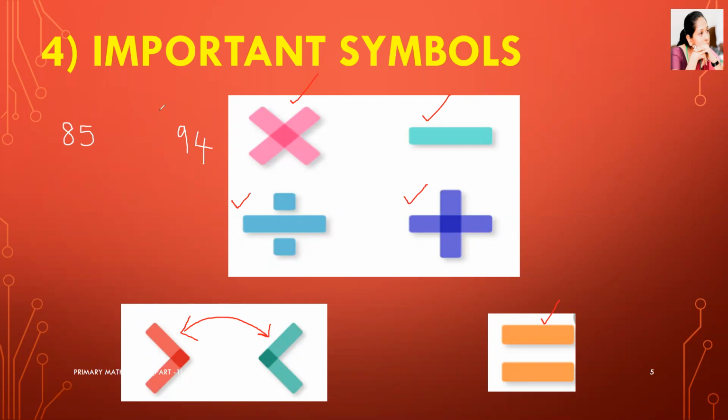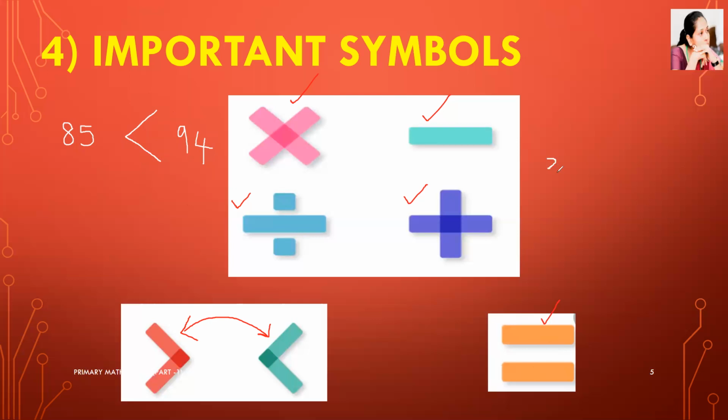To show 94 is larger, I can use this symbol. The meaning of this is 94 is larger than 85, or I can say 85 is smaller than 94. So when we compare numbers, we use this greater sign or the less sign.